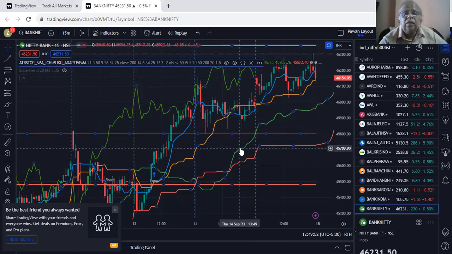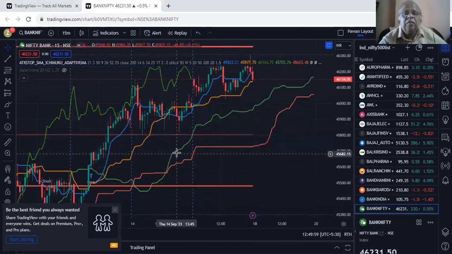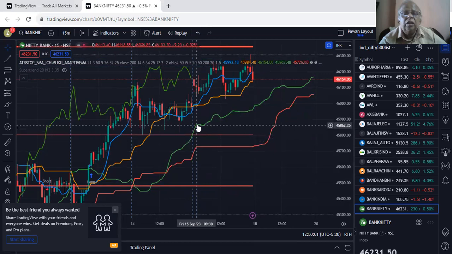And this is span A, which is the leading span 1.